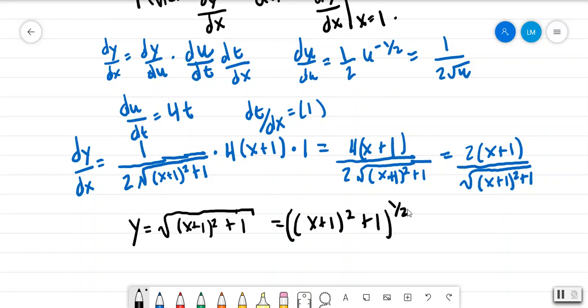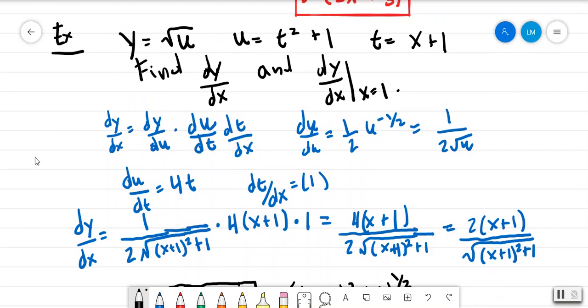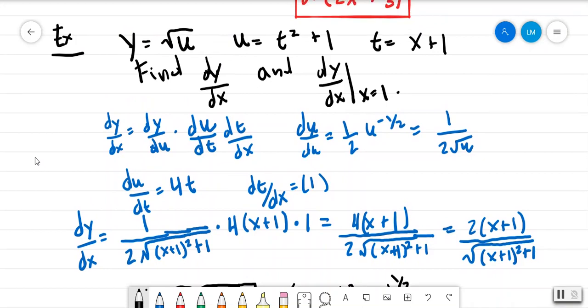The question becomes, how do we find du/dt? Actually, there's a mistake right here. This should actually just be a 2, which means that's going to be a 2 also. I'm glad that I'm looking at it and seeing what's happening. So that should be a 2 also, which means the 2 is completely gone. So we have 2, and then that 2 cancels out entirely.